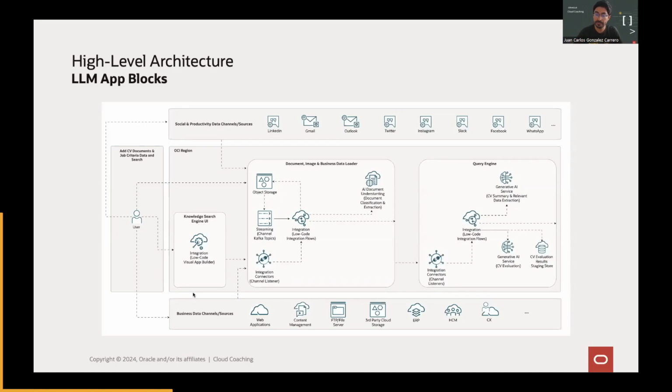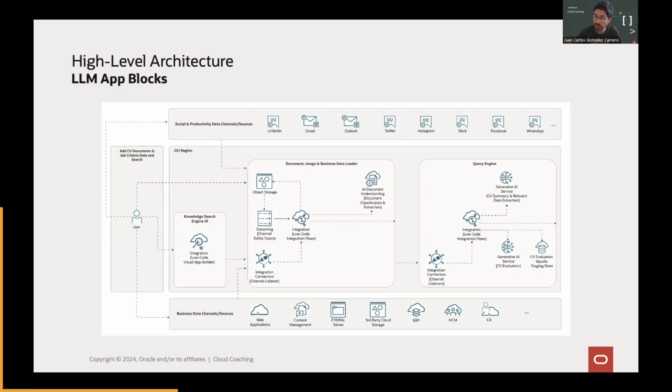Once we have that data extracted, that's the document, image, and business data loader, where we extract and process the data, and after that we receive a JSON result file that we pass to a second flow, the query engine flow, where we do the different calls or orchestration of the LLM.